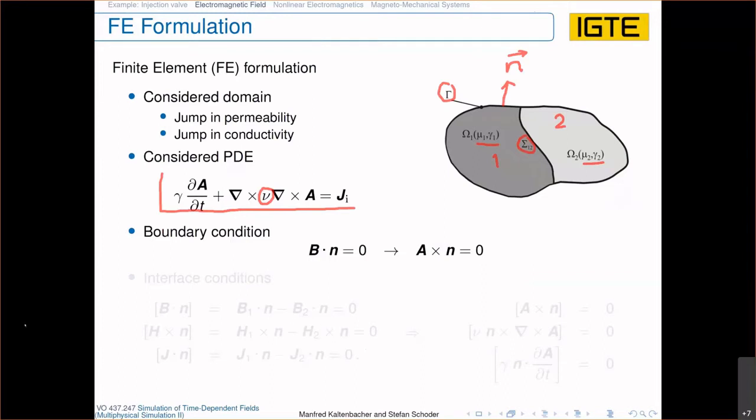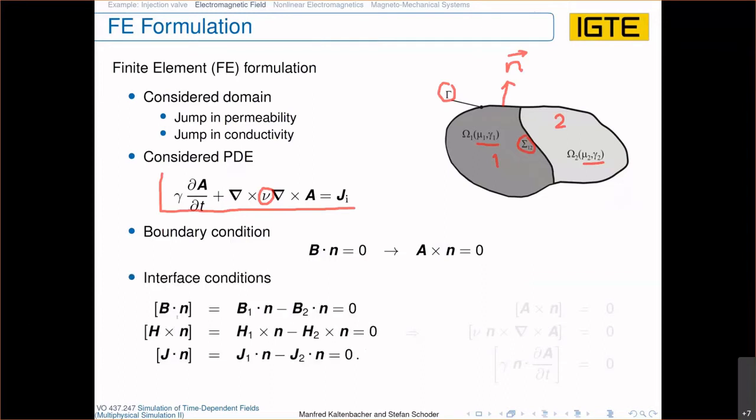Yeah, and in addition, we should not forget we have quite a lot of interface conditions. We have that the normal component of B should be continuous, so B1 in normal vector minus B2 in normal vector should be 0.